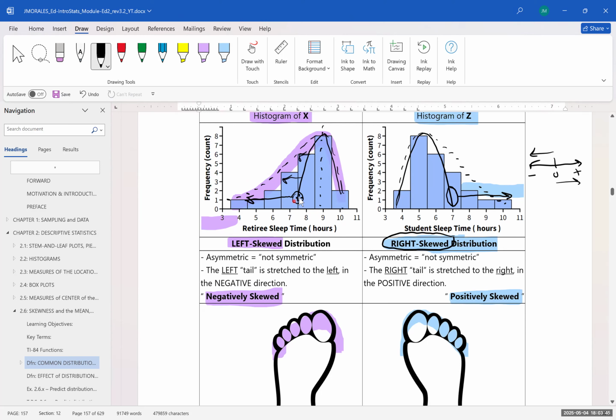Otherwise, you could think of grabbing the left-hand side of a symmetrical distribution and pulling it to the left, or grabbing the right-hand side and pulling it to the right. And failing that, you could also think of it as being stretched in the negative direction versus being stretched in a positive direction. All right, let me know if you have any questions.